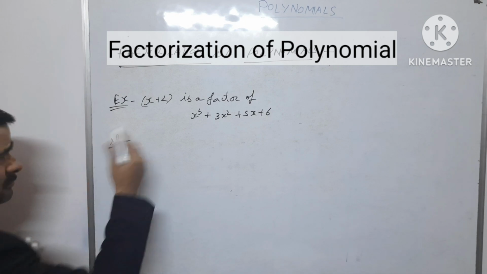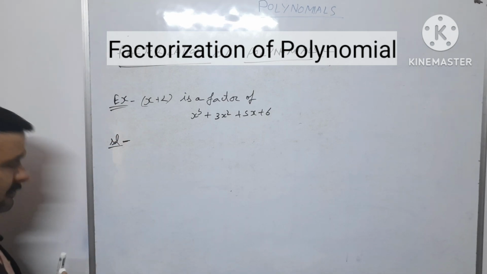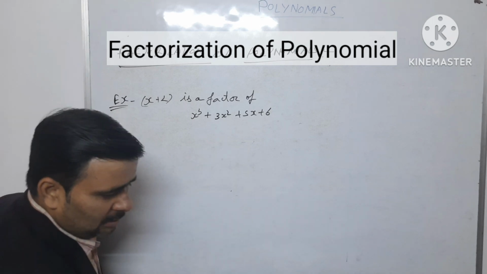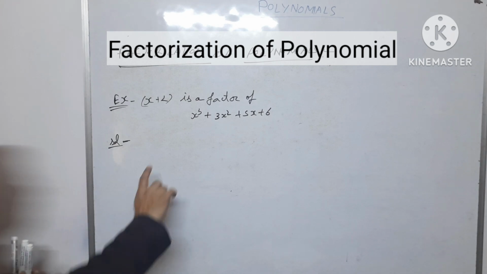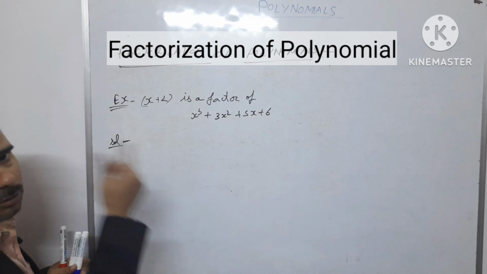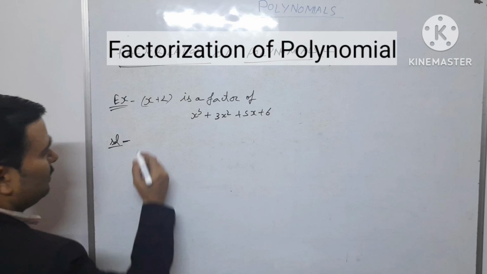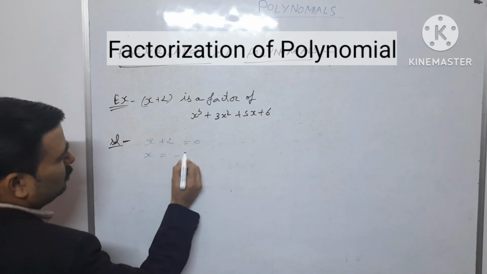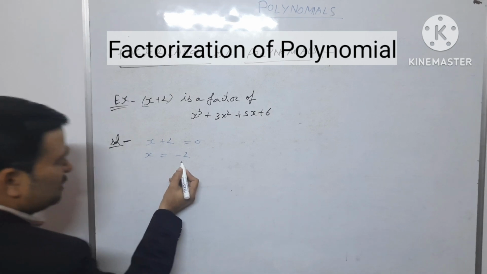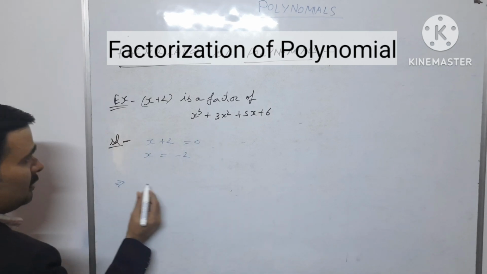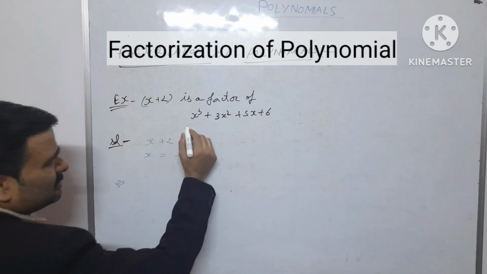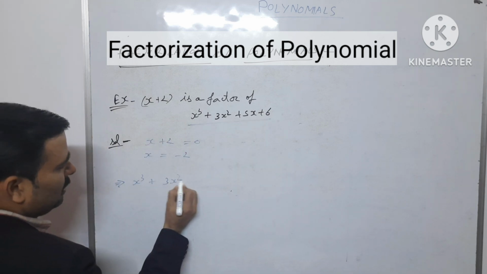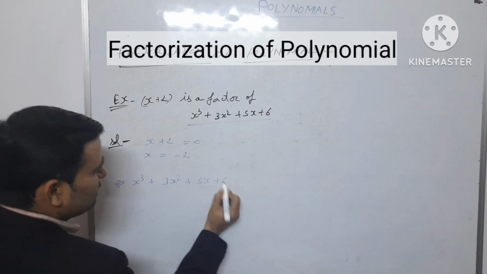As I know, if we put any value that converts the whole term to 0, that will be the root of that polynomial. So if we put x plus 2 is equal to 0, then we get x is equal to minus 2. Now we put this value in the polynomial x cube plus 3x square plus 5x plus 6.